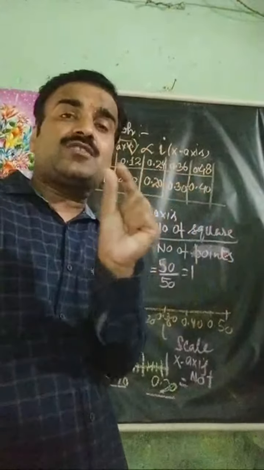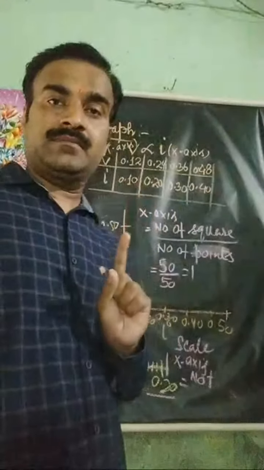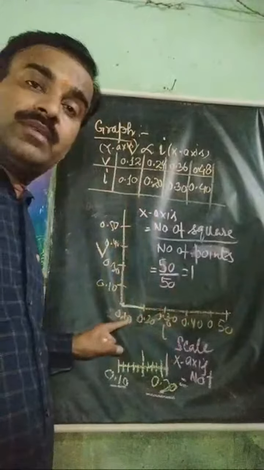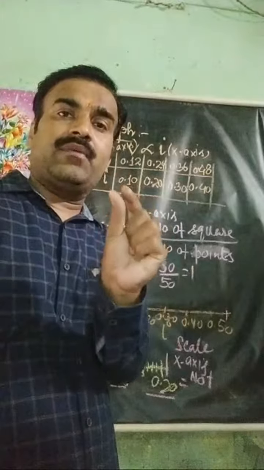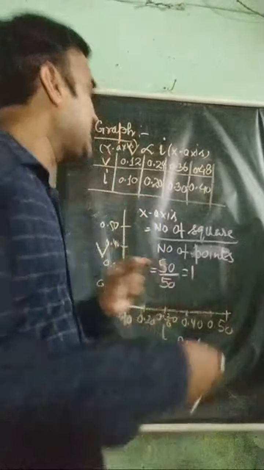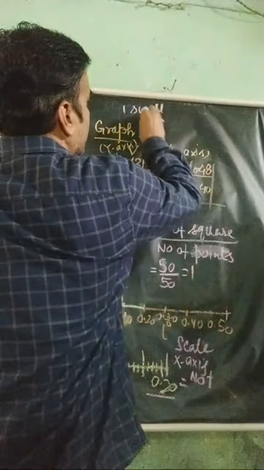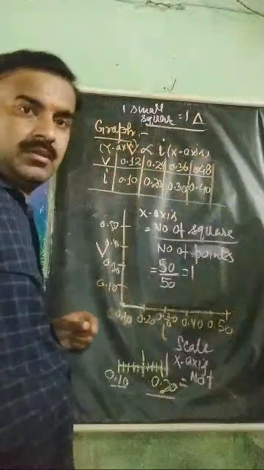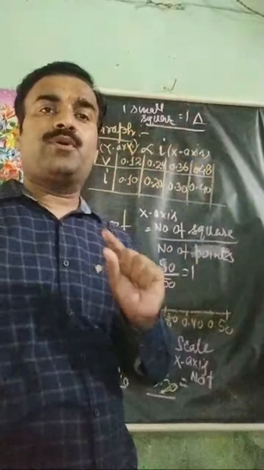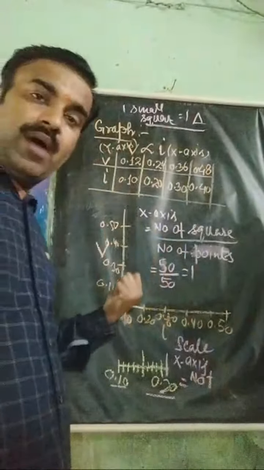That means the value of one very small square will be 1 ampere. That means on the x axis, one small square equals 1 ampere. This way you can choose the scale.